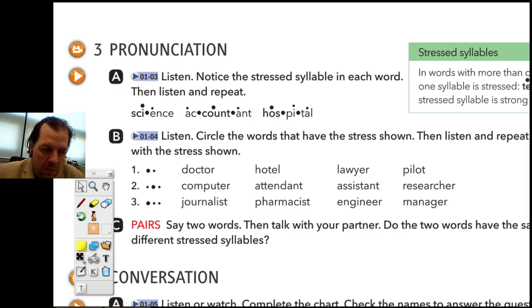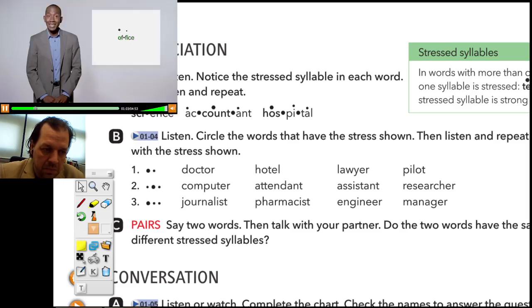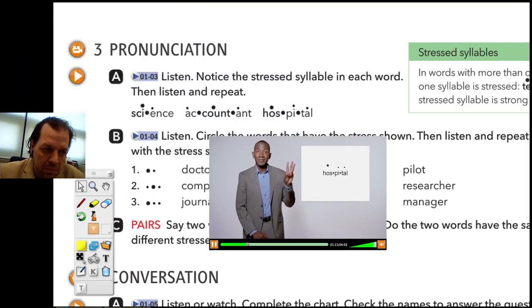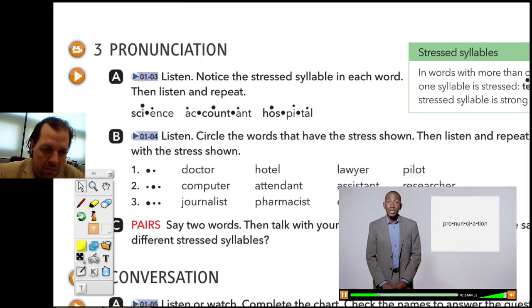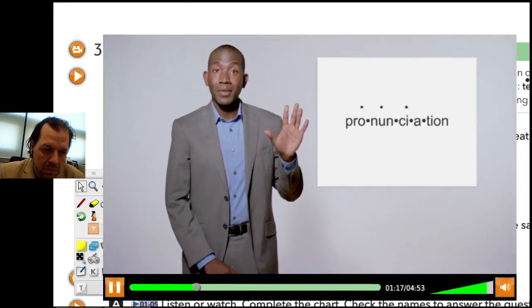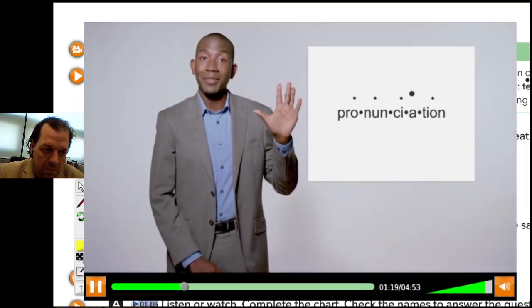Notice that school has two vowel letters, but they make one vowel sound. Oo. Office has two syllables. Office. Office has three vowel letters, but two vowel sounds. The E at the end is silent. Hospital has three syllables. Hospital. Pronunciation has 5 syllables. Pronunciation.